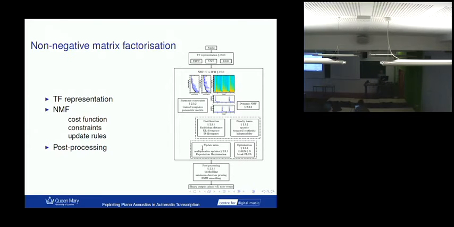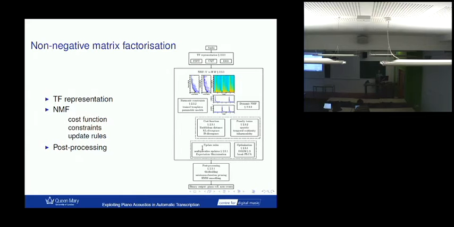For these two parts, it's a kind of parameter estimation problem, so you can use some optimization method to make the cost function better. After that, you get a time-pitch representation.